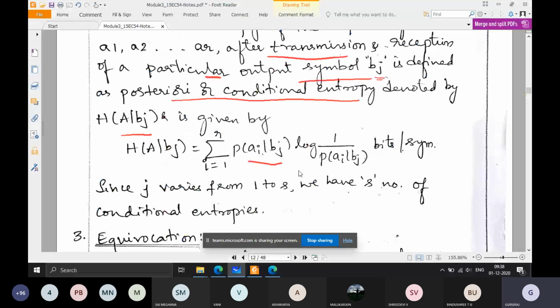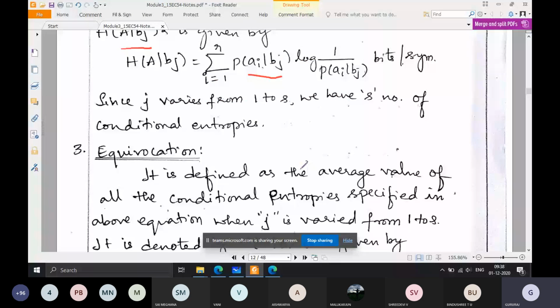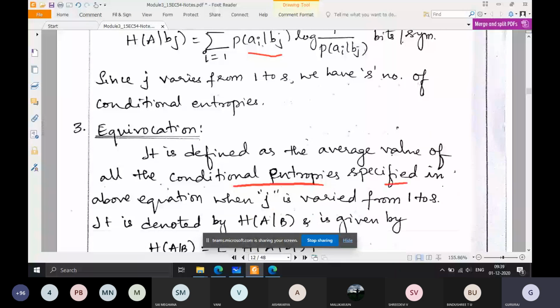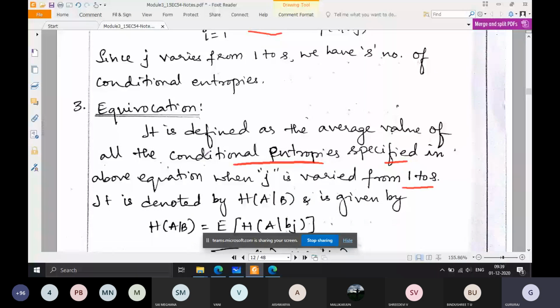Okay, so what is this equivocation? It is defined as the average value of all conditional entropies specified in the above equation when j is varied from 1 to S. So equivocation is nothing but the average value of this conditional entropy, or posteriori entropy, that we have found out.